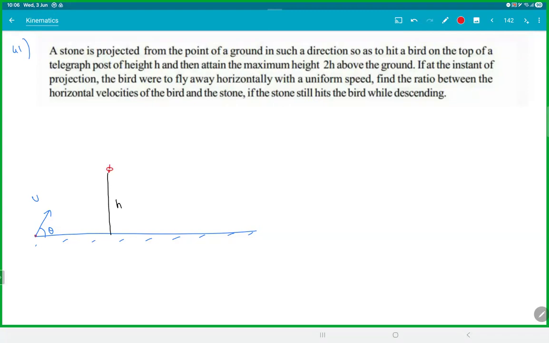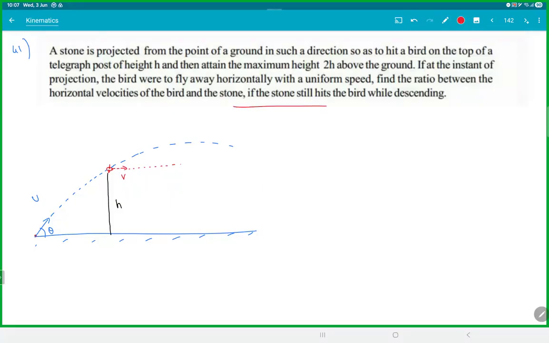When you throw the stone, at the same time, the bird also starts flying horizontally with some speed. We don't know how much that is. The bird is flying, the stone is coming, and the stone you threw actually passes through the telegraph post. But remember, when the stone comes here, the bird has already gone ahead. So this stone is coming like this. And remember, the bird is flying horizontally.